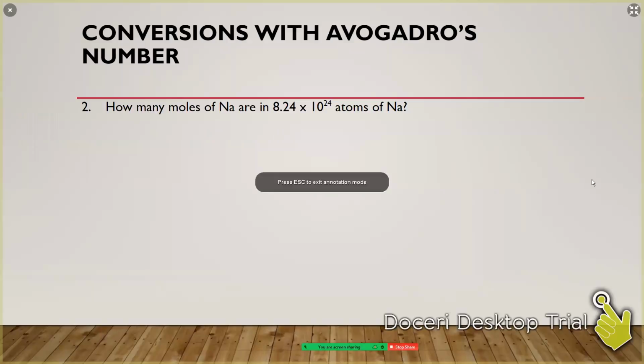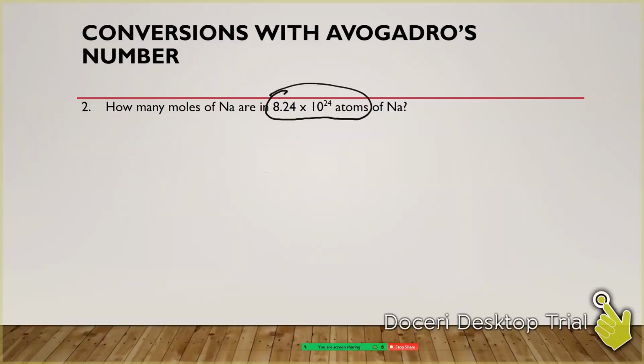All right, we'll look at another one that's just using Avogadro's number. It's just a reverse of that one. On this one, I have 8.24 times 10 to the 24 atoms, and I want to convert that to moles. So this is an atom to mole problem, which still is 2 steps.